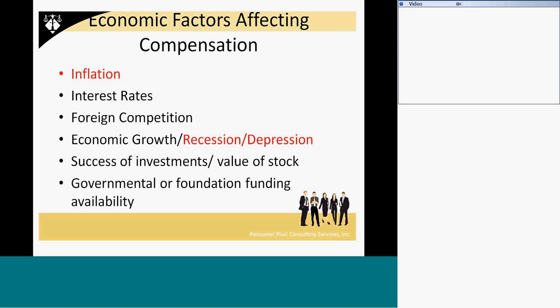If, let's say, 3% is normal and we're getting 0.5%, that would be recession. We're not growing as fast. Depression is where there's actually negative growth, so where we might be shrinking the size of the economy. So we've been in recession for the last 5 or 6 years. We've probably been in depression at least 1, maybe 2 of those years.